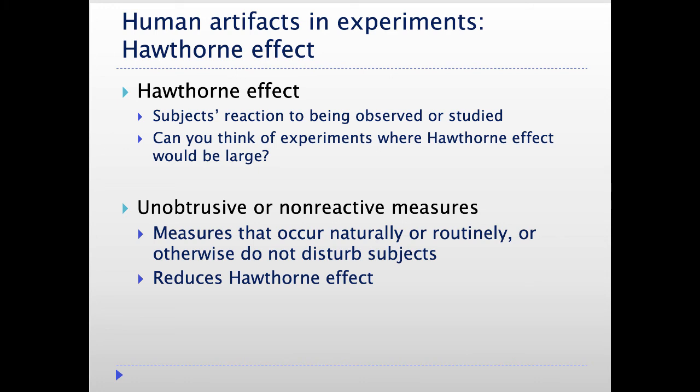One way of dealing with the Hawthorne effect and trying to make it smaller is using unobtrusive or non-reactive measures, things that occur naturally or routinely or otherwise do not disturb subjects. So imagine doing an educational intervention, and in one version you have your own original data collection. You ask the students who are research subjects to fill out surveys or perform on a test that's just for your study.